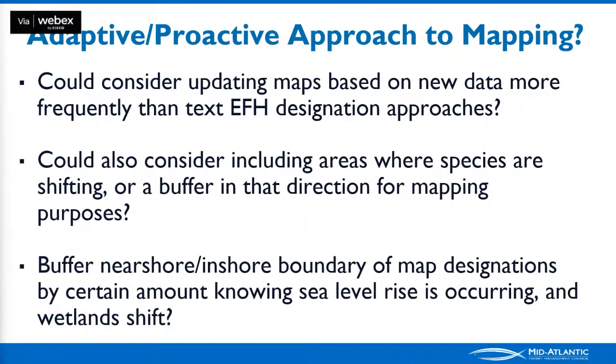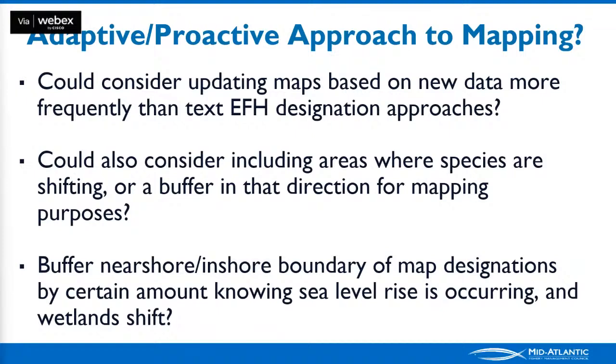So we've also talked with our NERA team and with others at NOAA Fisheries about figuring out how to make the process a little bit more adaptive and maybe even proactive, in particular in terms of some of our mapping techniques. If we are doing these reviews every 5 years, then those EFH designations that need to be established in the FMP, the text and the maps, sit static.